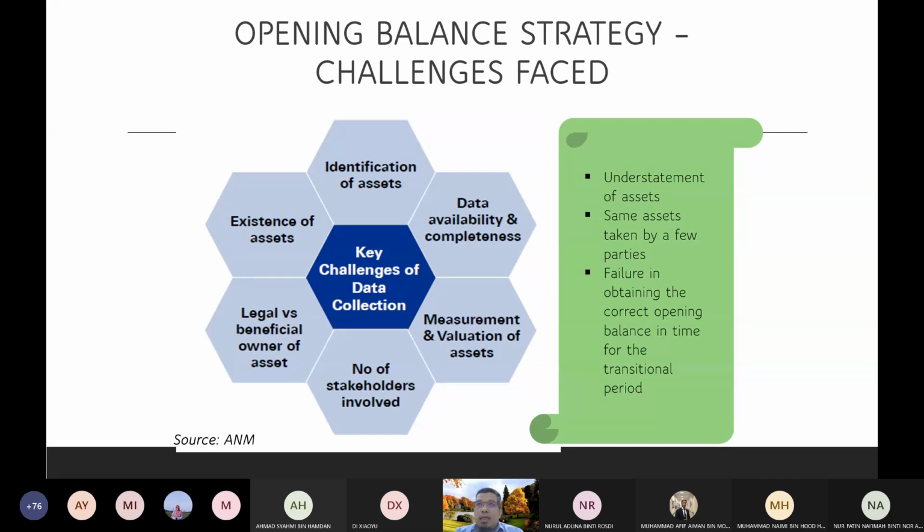Opening balance strategy. As mentioned earlier, one of the key strategies to migrate from cash accounting to accrual accounting is to develop the opening balances of the accounts. So what are the challenges? Key challenges of data collection. First is identification of assets. There are so many assets, but in government, by right, they should have a fixed asset register, because it is required under the financial procedures.